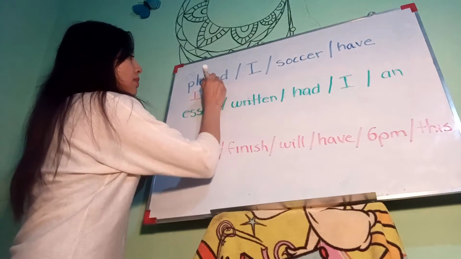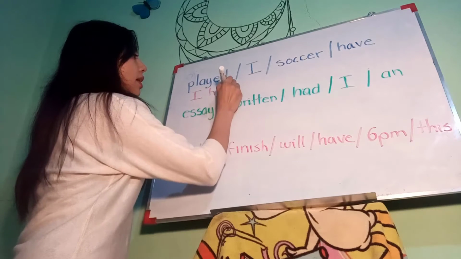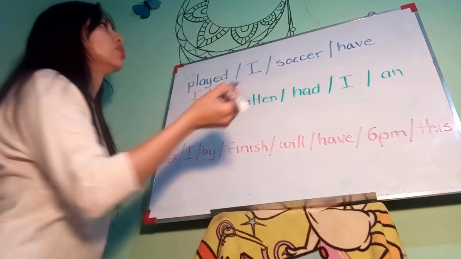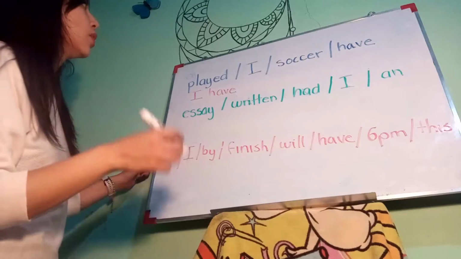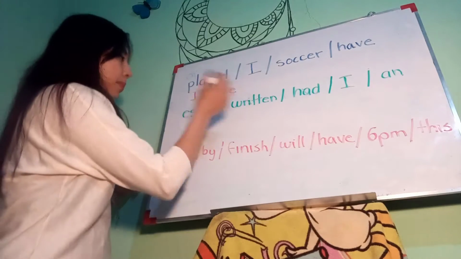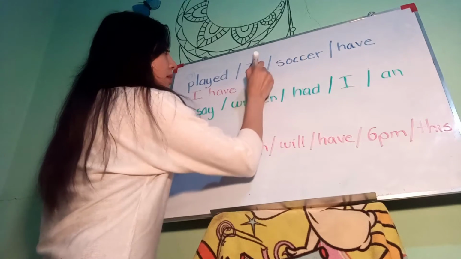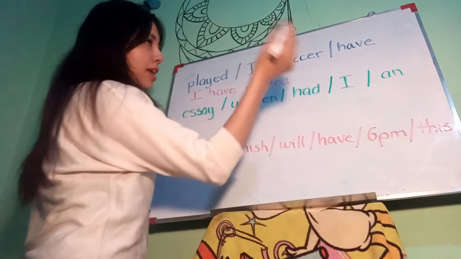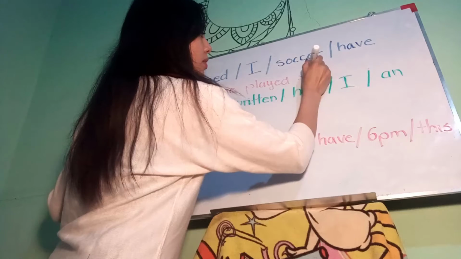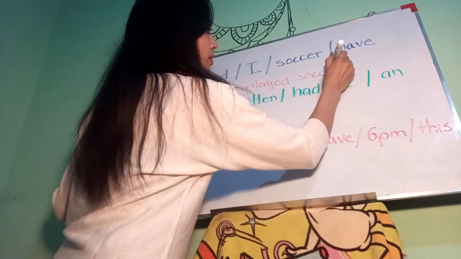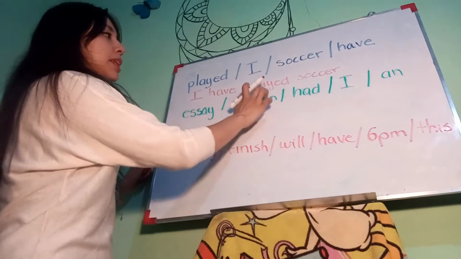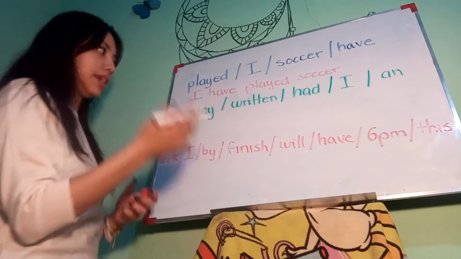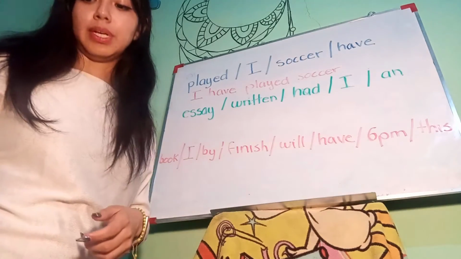I have, and then the action or the verb. What is it? Played. And the last one, soccer. I have played soccer.